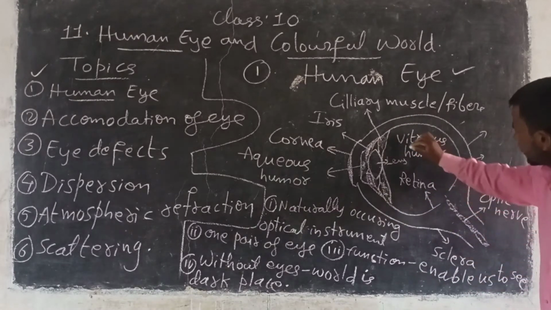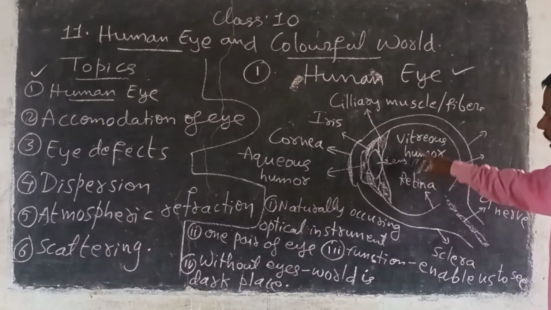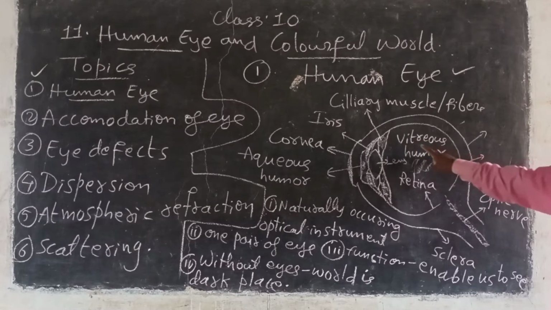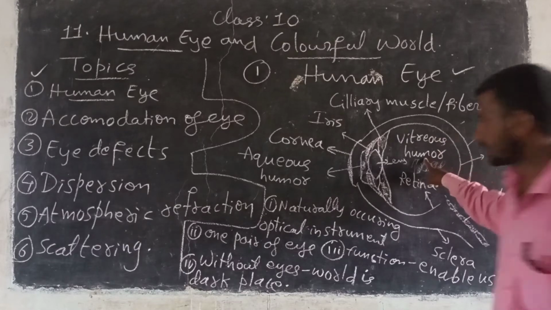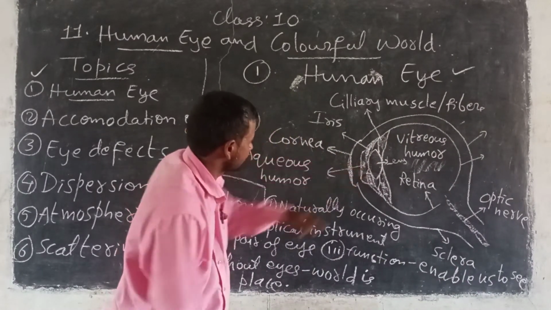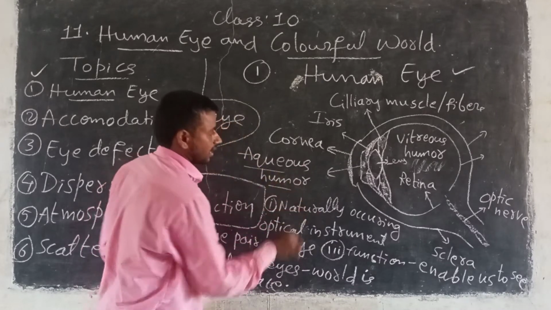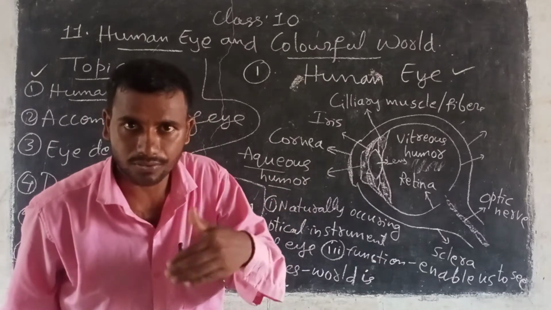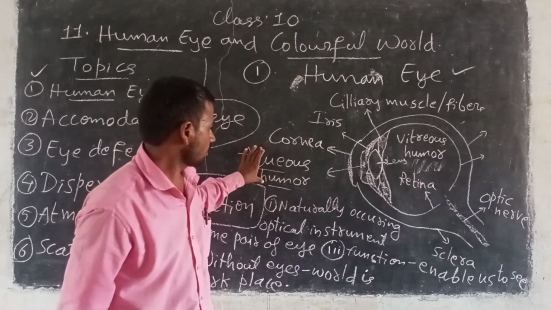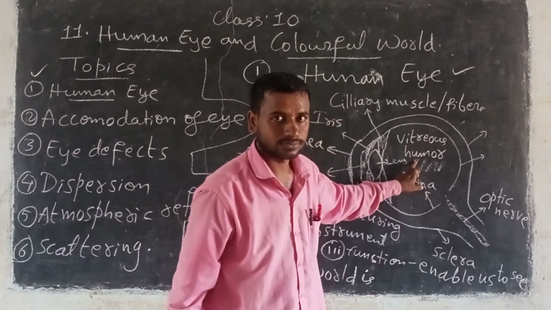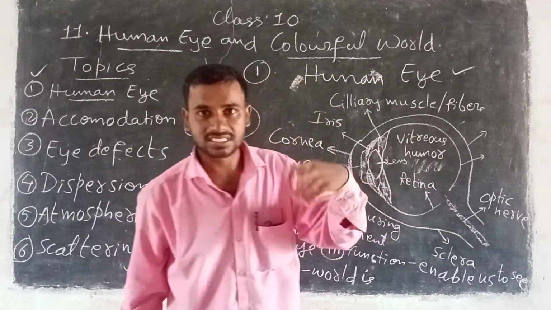And inside of this there is water, that liquid name is vitreous humor. Here also there is one more liquid. That liquid name is aqueous humor. What are the liquids? We will speak one by one. Aqueous humor, and here one liquid, vitreous humor. Both liquids are there.